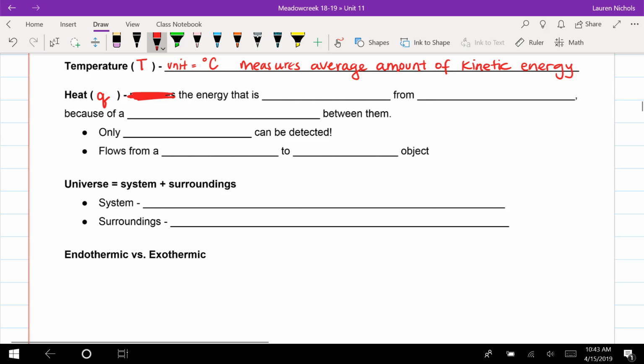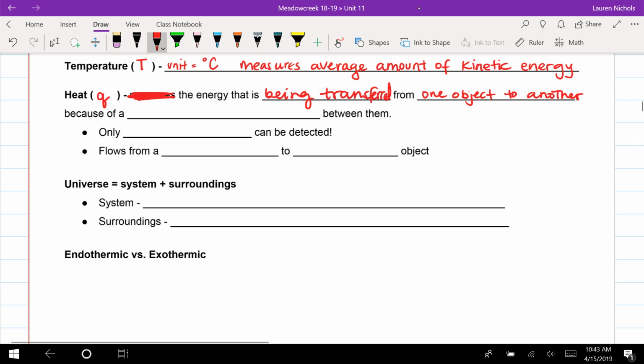So heat, with a lowercase letter q, is the energy that is transferring. Heat is being transferred from one object to another.